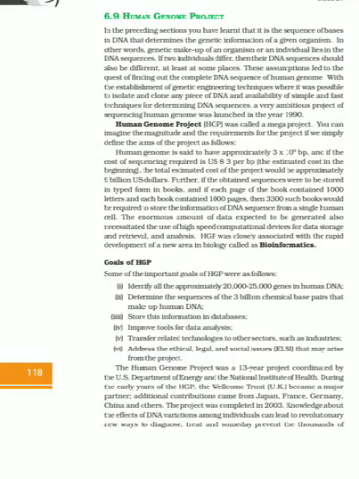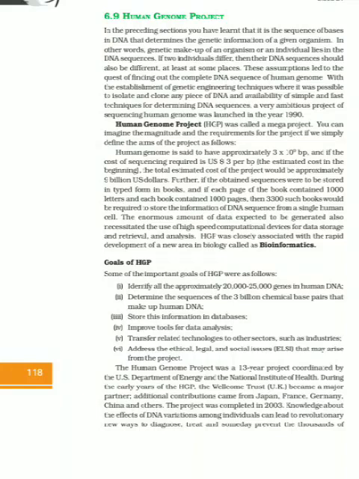With the establishment of genetic engineering techniques, where it was possible to isolate and clone any piece of DNA, and availability of simple and fast techniques for determining DNA sequences, a very ambitious project of sequencing the human genome was launched in the year 1990. Human Genome Project (HGP) was called a mega project.